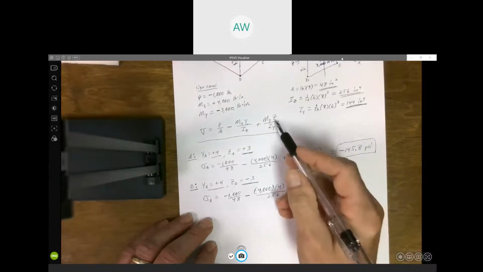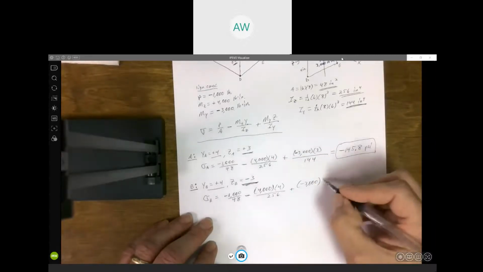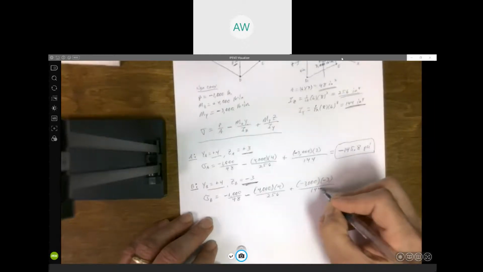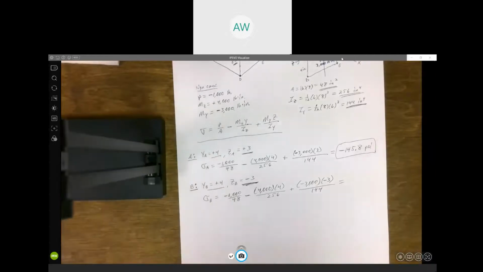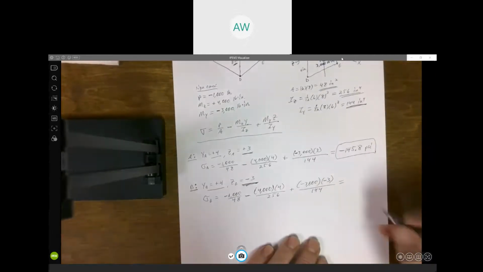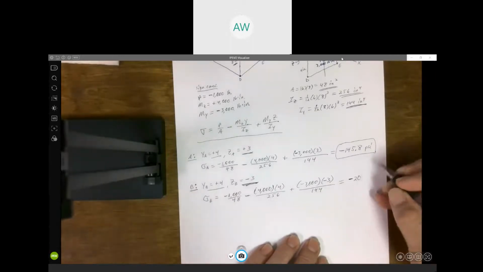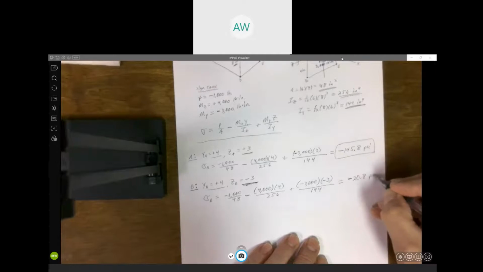But here, zB is negative 3, so that changes. This is a negative 3 over 144. And we add those up. And I got also negative, not as large, so I got 20.8 PSI.